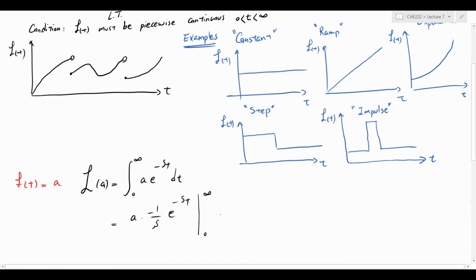If I want to write it more properly, these two terms are constant. Remember that when we take the integral, we treat s as a constant. So I can factor them out: minus a over s, and then I have the limit as t approaches infinity of e to the power of minus st, minus e to the minus st at t equals 0.